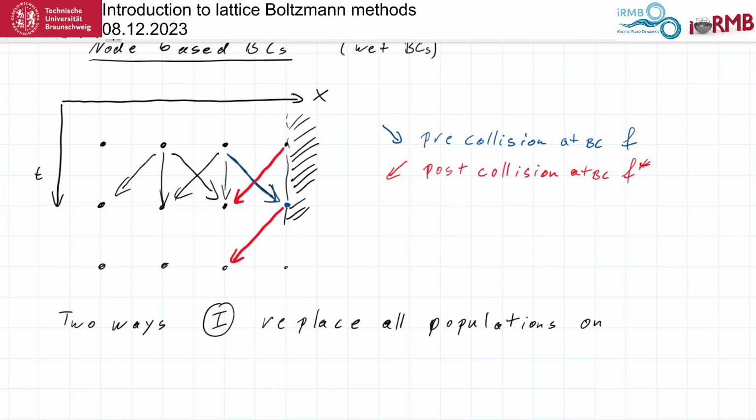So replace all distributions on the BC node with something. For example, you could put the equilibrium, or you could do something more clever than that. Or the second method is to only replace what you are missing.